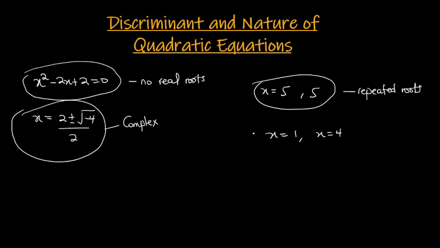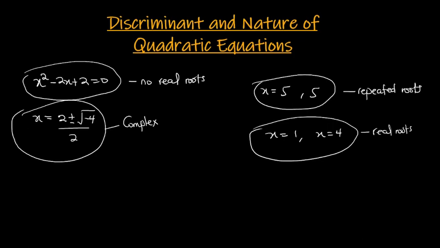This type we call the real roots. This is what we call the repeated roots, since we have repeated numbers. And the ones that will give us a complex answer, or will be forced to leave the answer in a surd format, we say it has a complex root or no real root.